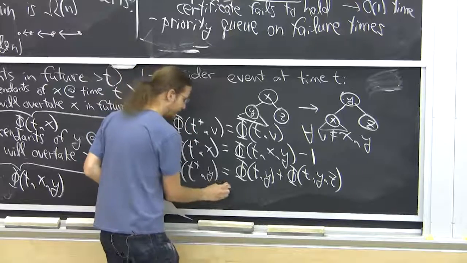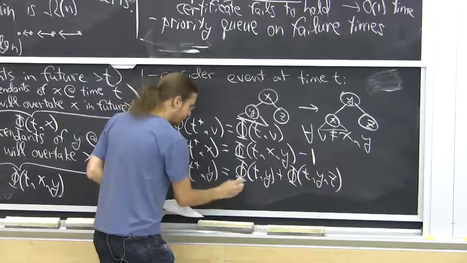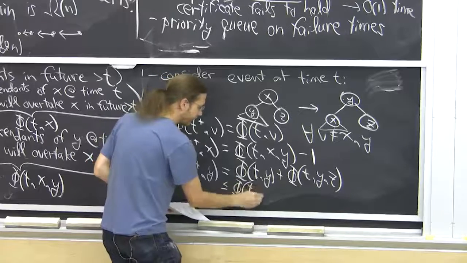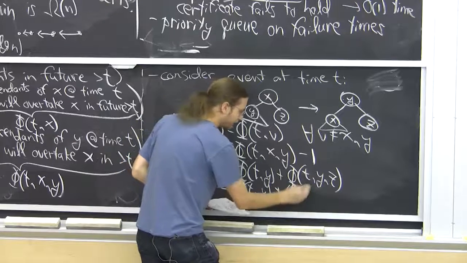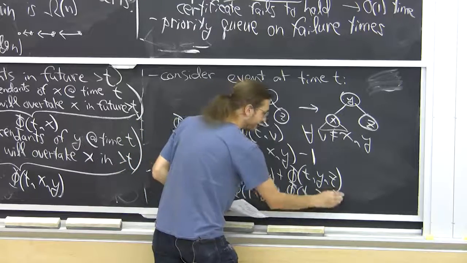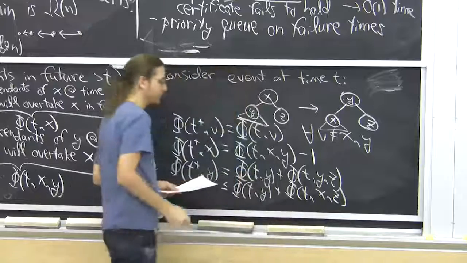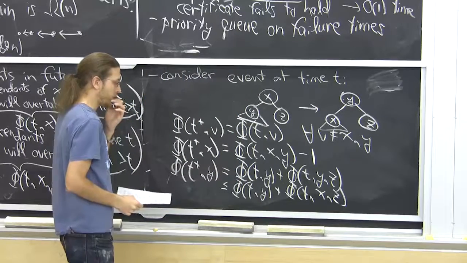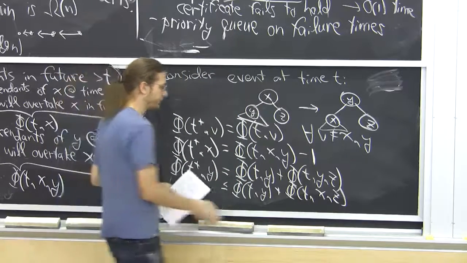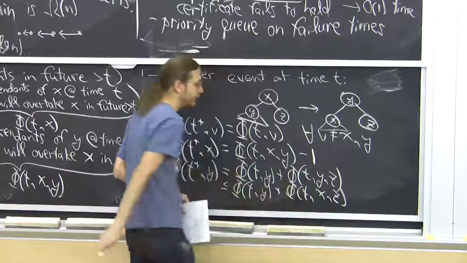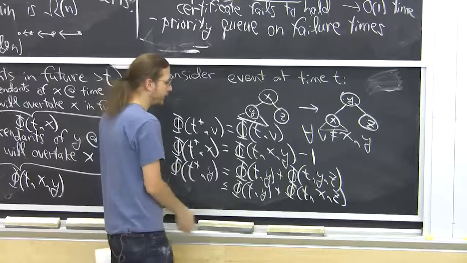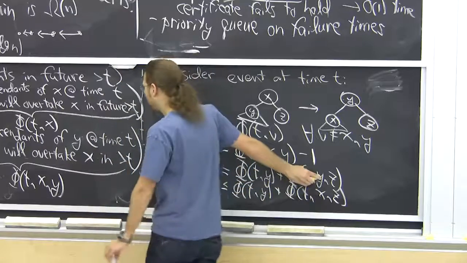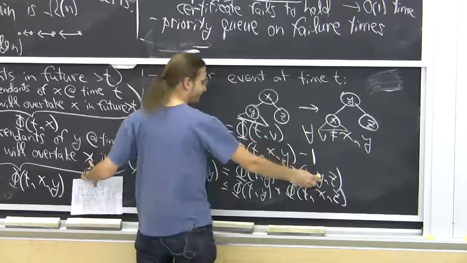So the first claim is this is at most this other thing, phi of t x z. I'm just replacing this y with an x. Why is this true? Because this is overtaking y.